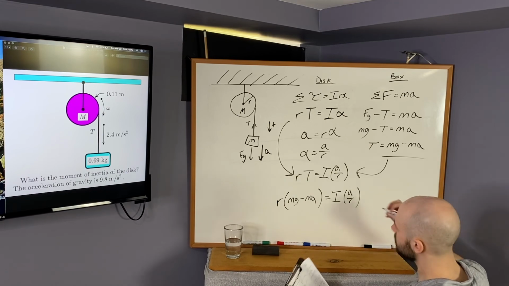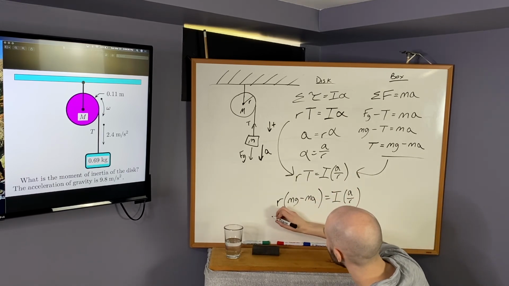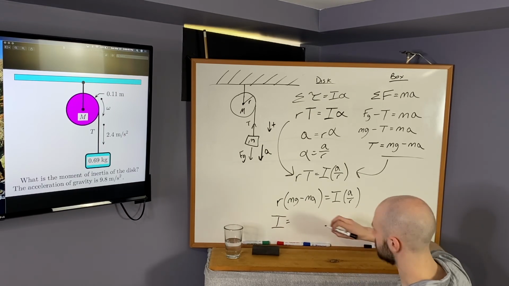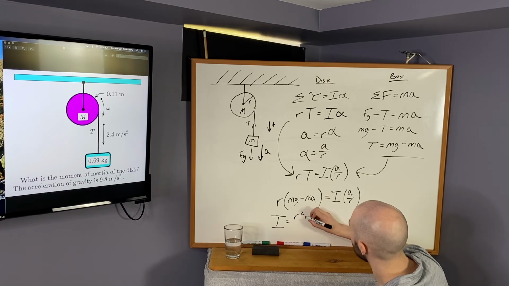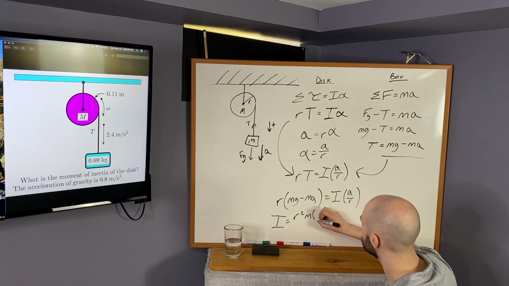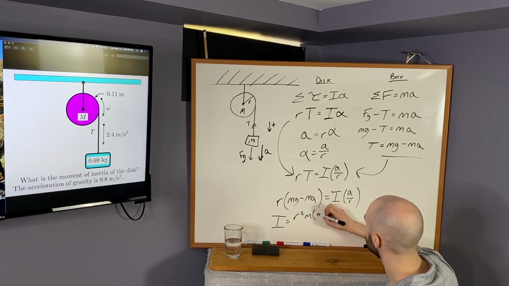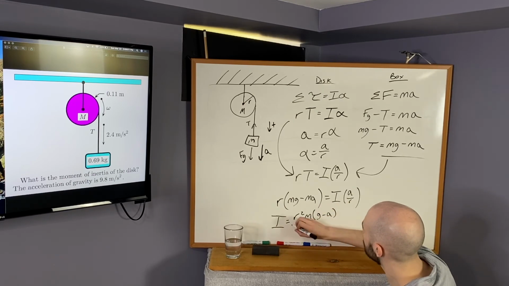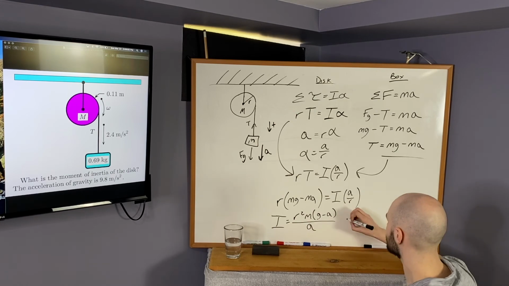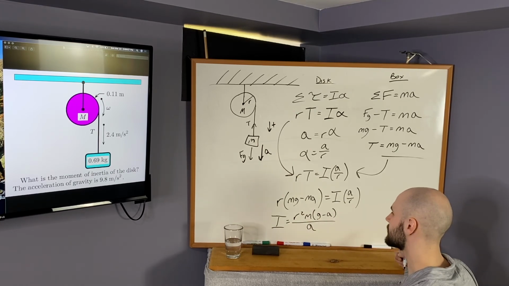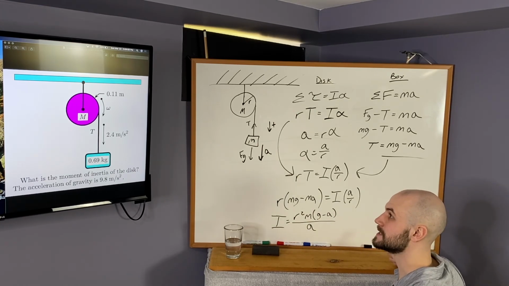We can say that the rotational inertia, I, is equal to R squared times, pulling out this little m, g minus a all over a, and that's our expression for the rotational inertia of the disk.